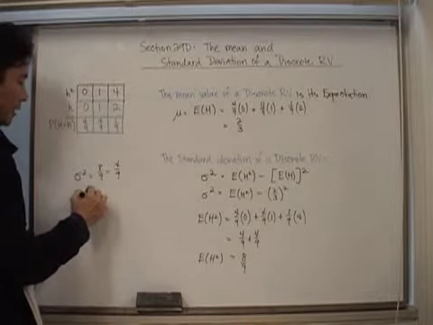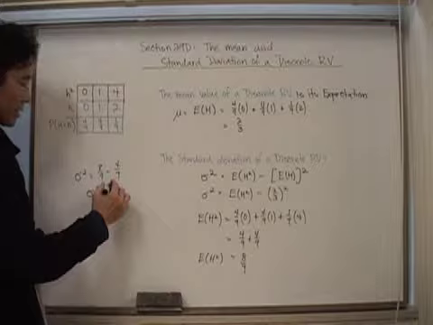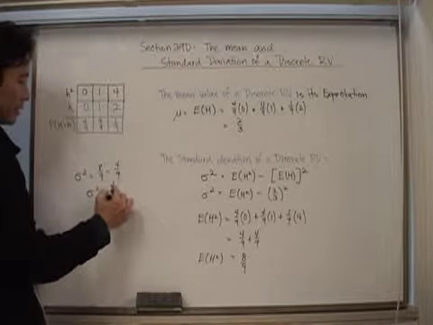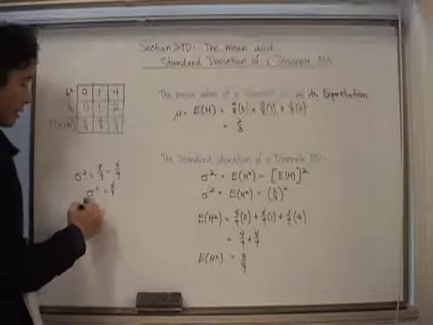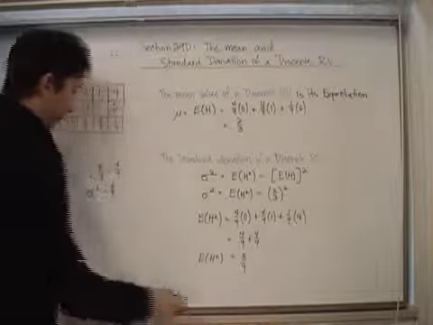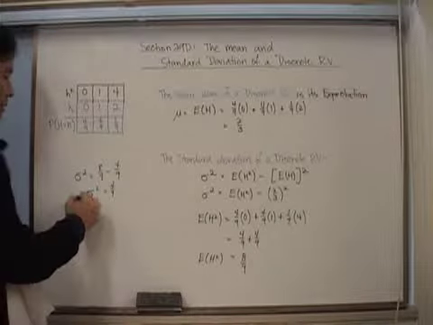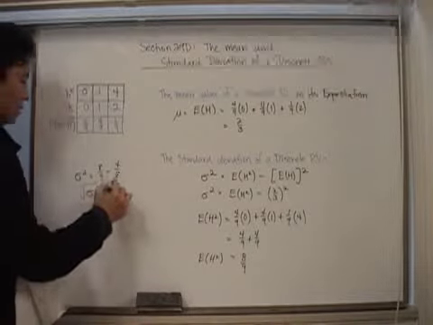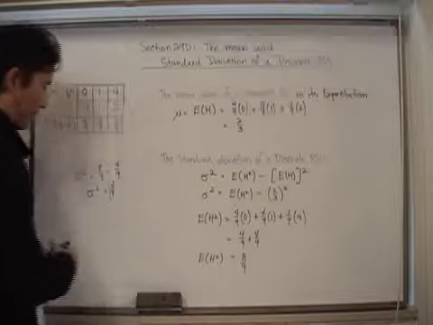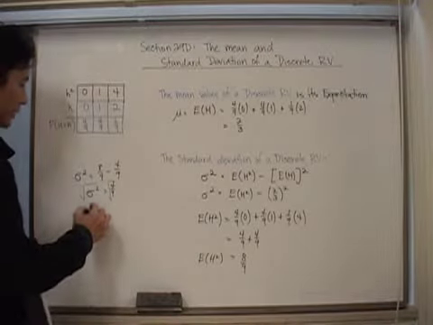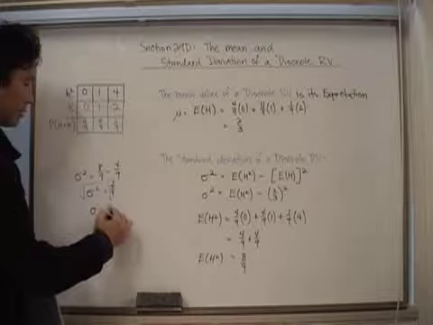So the variance is 4/9. If we take the square root of both sides, we come out with the standard deviation being equal to 2/3.